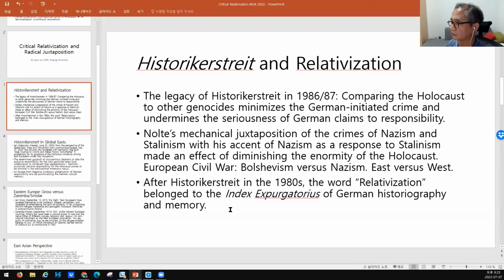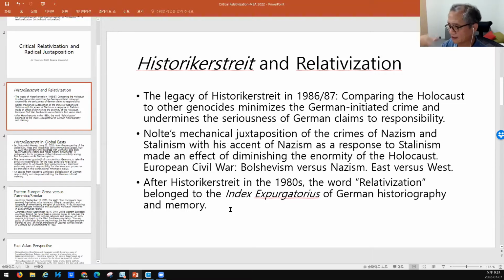As many of you know, there were historical debates in West Germany in 1986 and 87. The legacy of the Historikerstreit was that comparing the Holocaust to other genocides minimizes the German-initiated crime and undermines the seriousness of German claims to responsibility. Especially Ernst Nolte's mechanical juxtaposition of the crimes of Nazism and Stalinism, with its accent on Nazism as a response to Stalinism, diminished the enormity of the Holocaust.